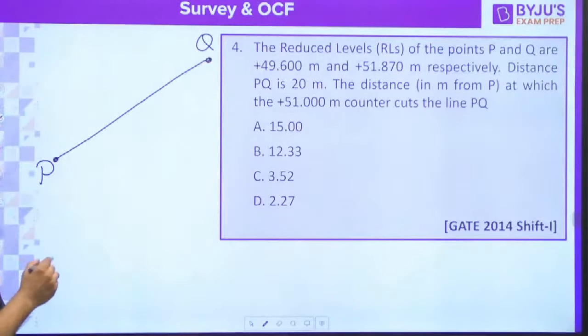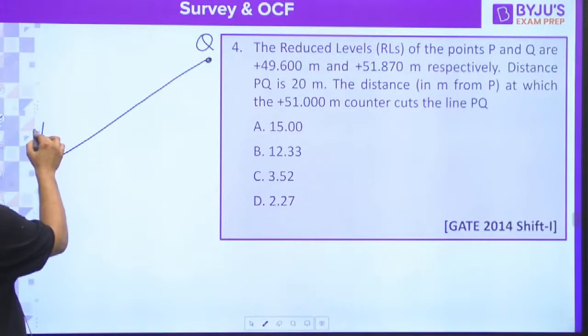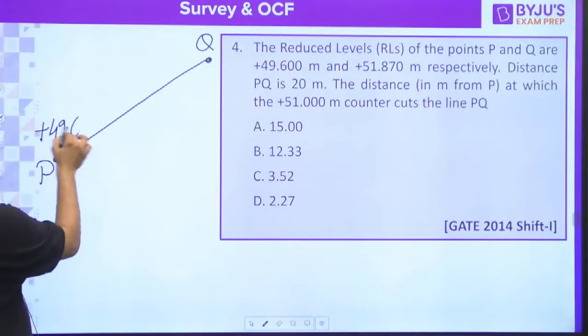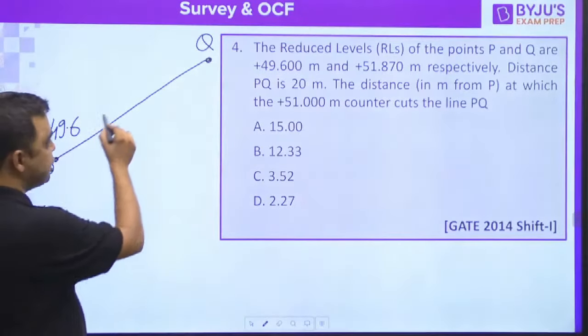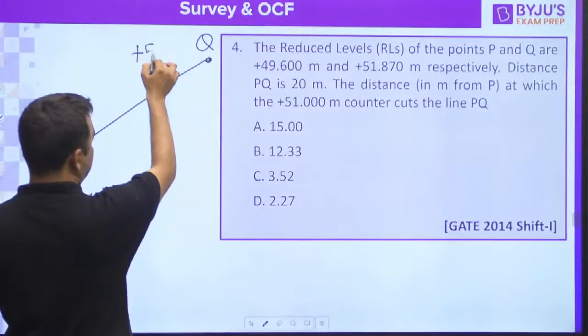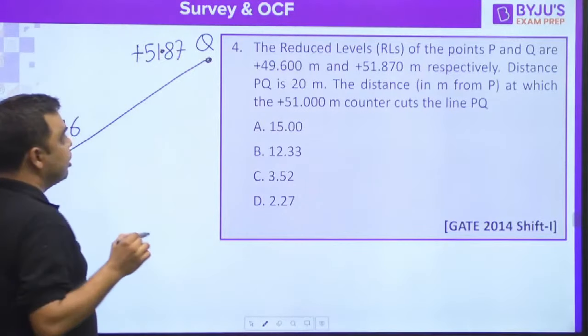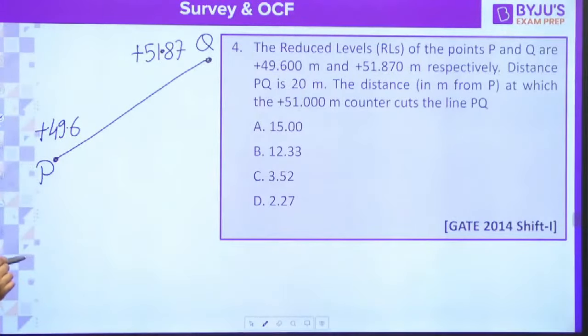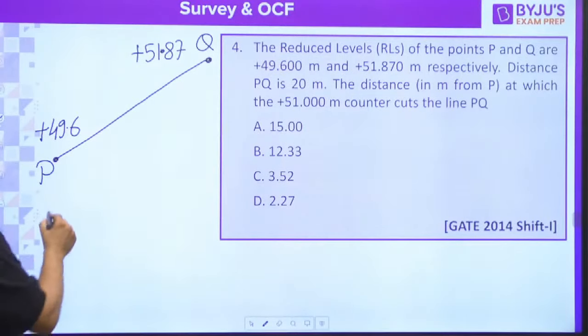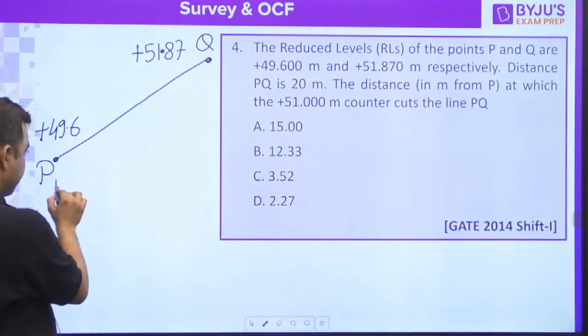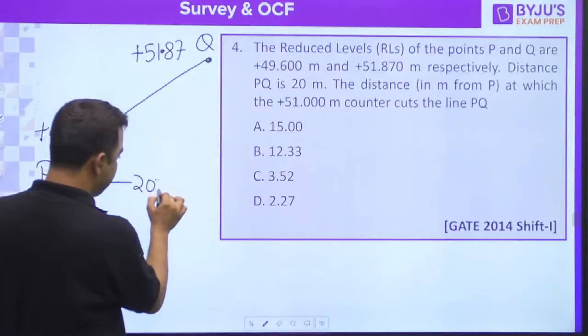The RL of P is plus 49.6 and this one is plus 51.87, right? And the distance between PQ is 20 meter.